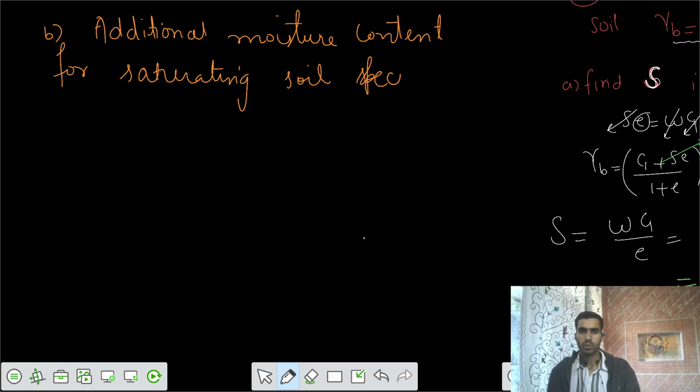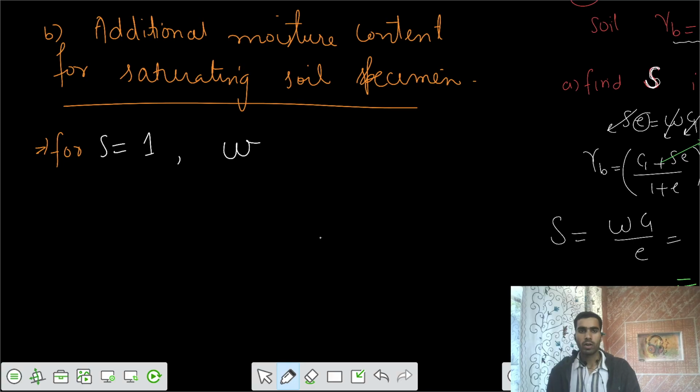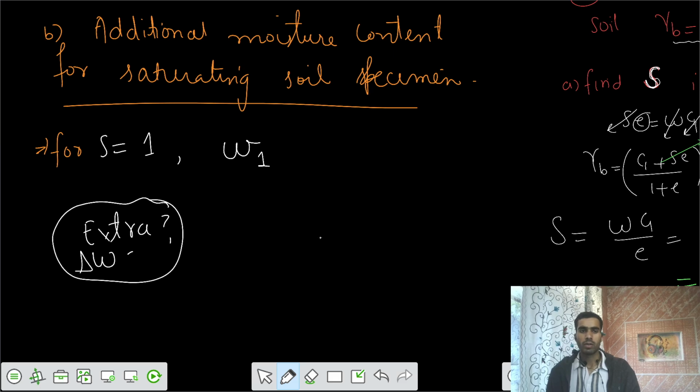This is saying that for S equal to 1, get the value of water content as W1, and from that tell me the extra water you need to add. What is the extra water content we need to add?